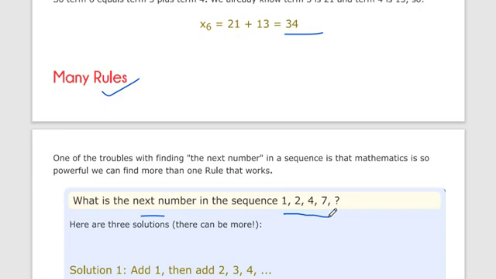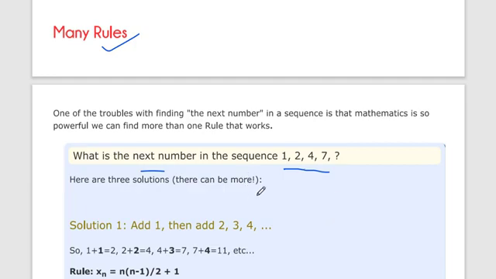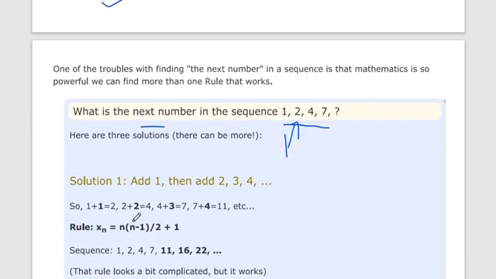So let's say solution 1. You can see that if we add 1 to the first term we get the second term. Then we add 2, then we add 3.